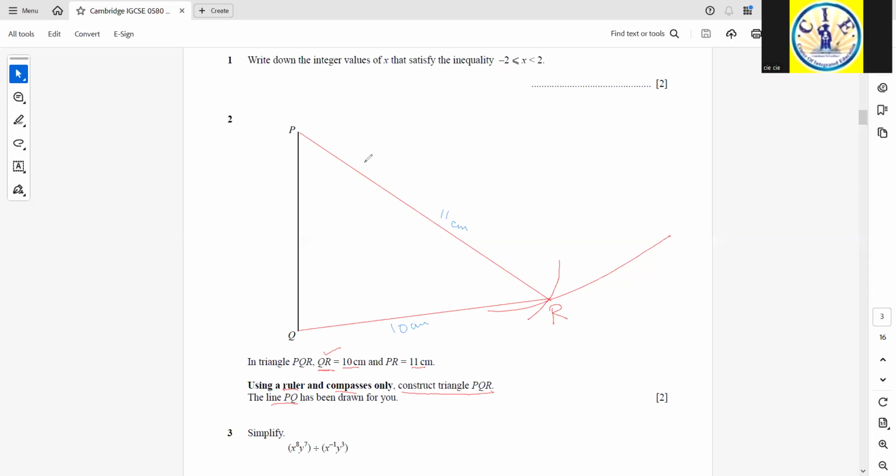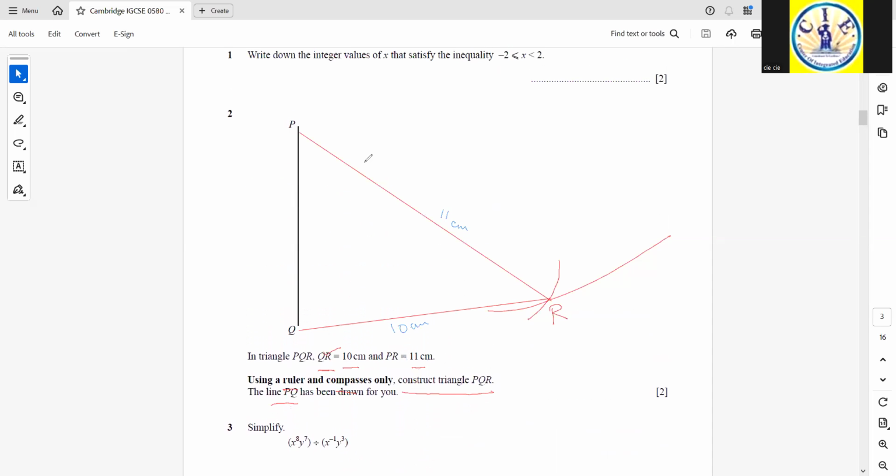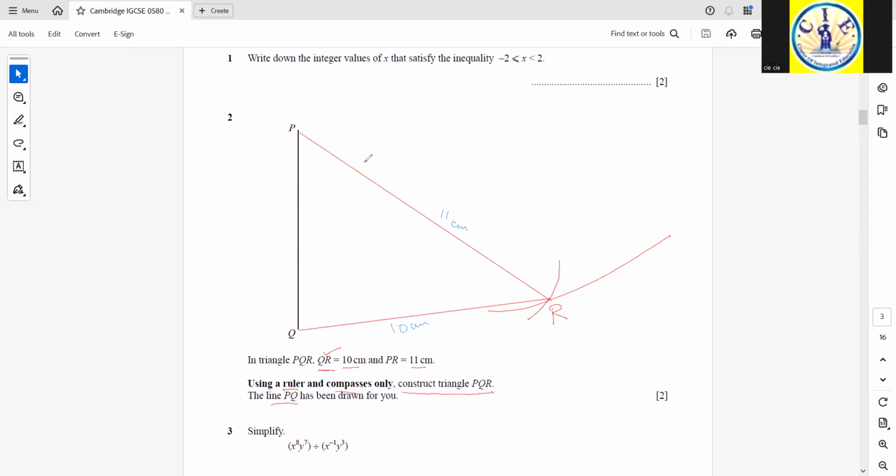Simplify x raised to power 8, y raised to power 7 divided by x raised to power negative 1, y raised to power 3. Okay, we need to use the laws of indices here. a raised to power n divided by a raised to the power m equals a raised to power n minus m.